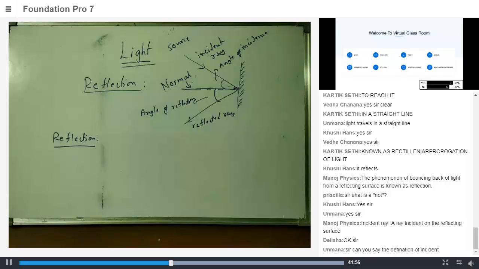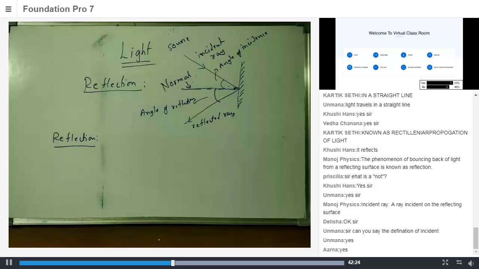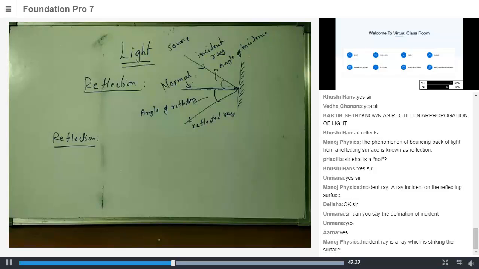Yeah, I understood, thanks a lot, Veda. So it is the ray which is striking the surface. An incident ray is what? A ray which is striking the surface. Is that fine? So I'll say incident ray is a ray which is striking the surface. That's clear to everyone? Thanks, Veda.